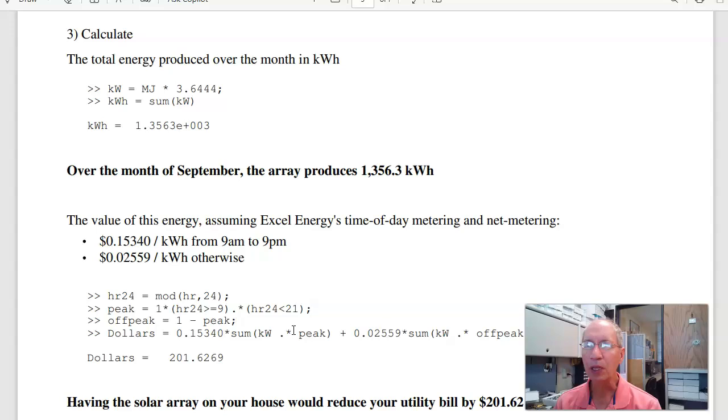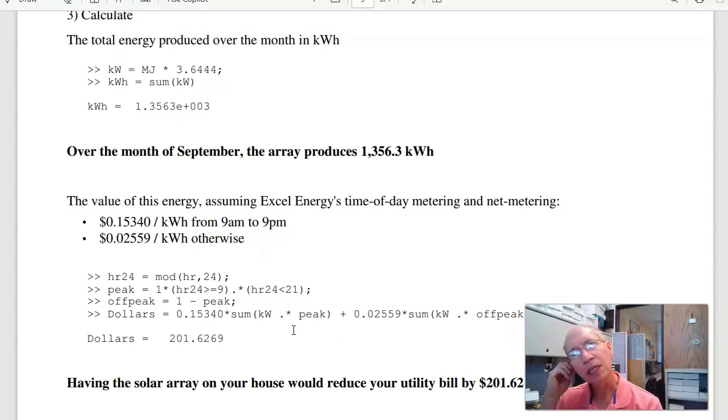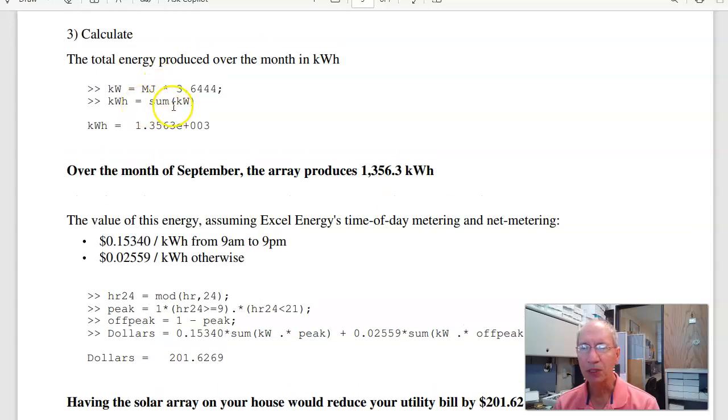If I want to know the total energy in kilowatt hours, that would be the megajoules times 3.644, the constant just calculated. Add them all up. I'm sampling it every hour, so width times height is just the height times 1. The sum of the kilowatts gives you kilowatt hours. I would produce 1,356 kilowatt hours over those 4-week spans.